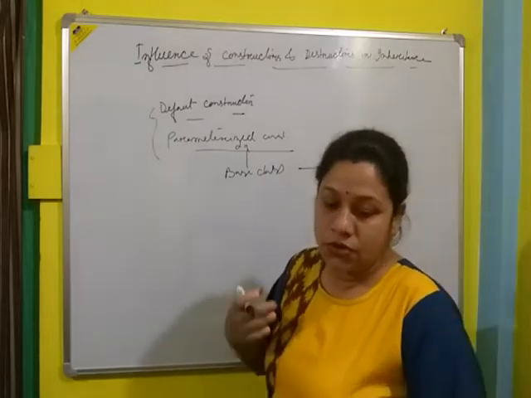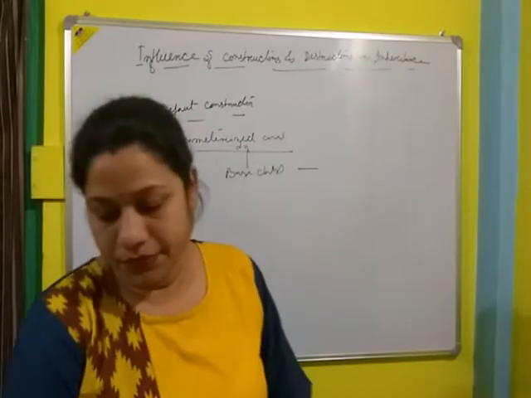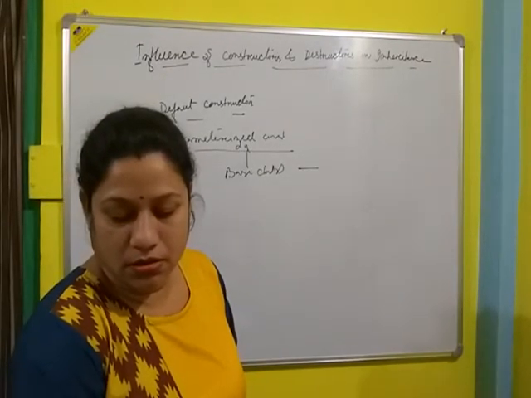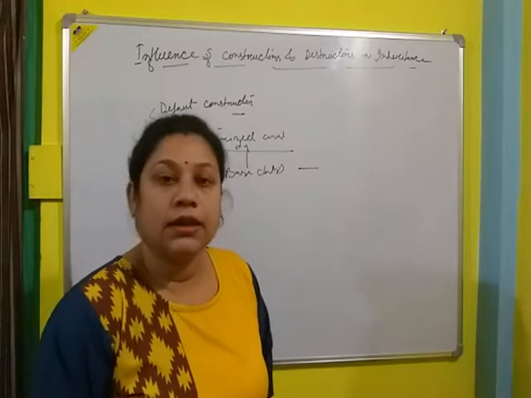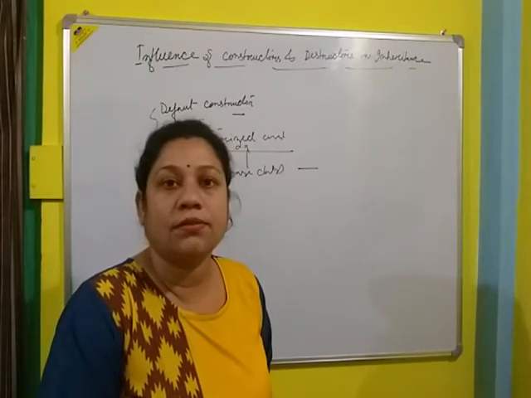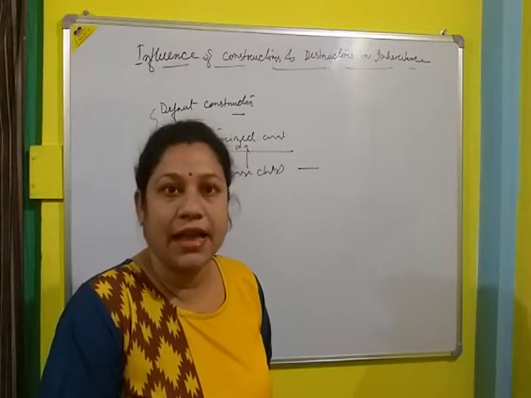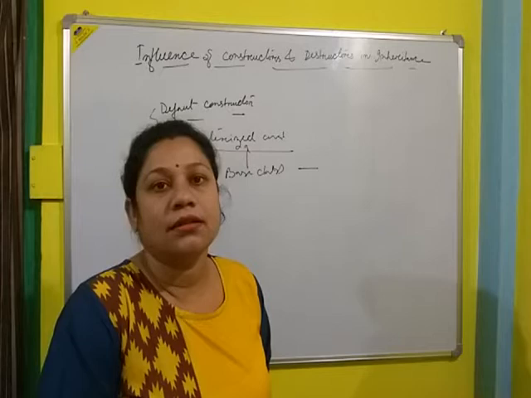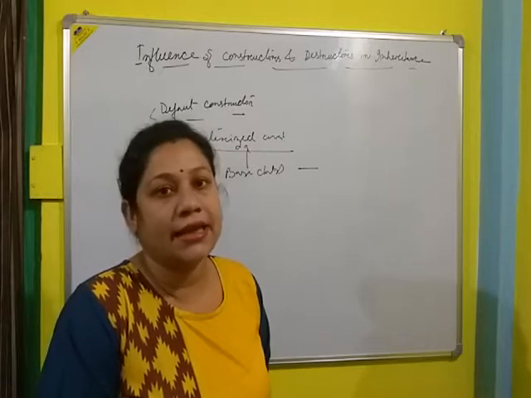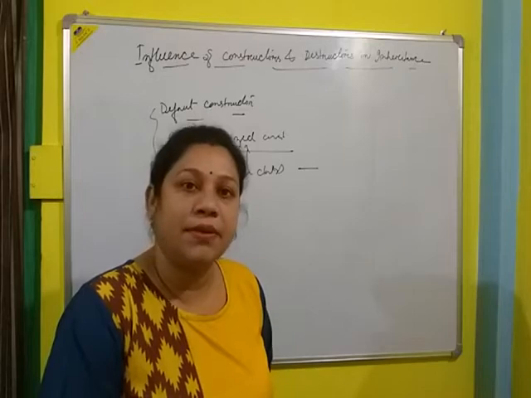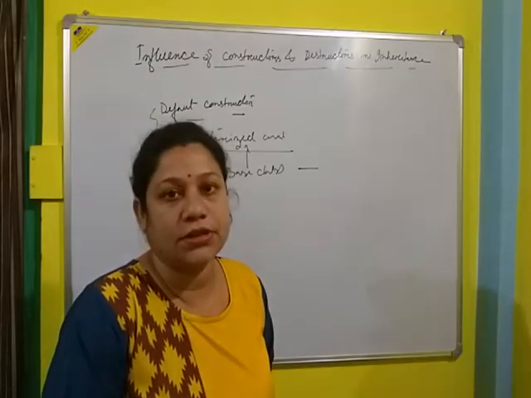Okay, so in this case, if you declare the object of the derived class, then the constructor of the derived class is executed first, then the constructor of the base class is executed.